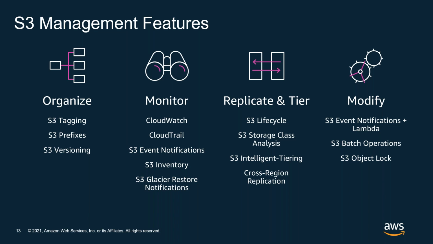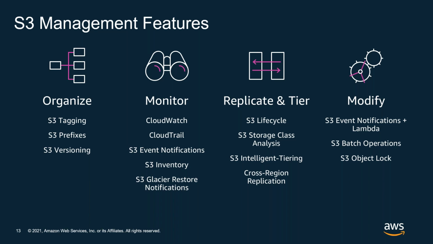Once you start getting into the millions, tens of millions of objects, that's where tagging really helps, as well as things like S3 prefixes. We're not going to get too much into S3 performance here, but that's where having a defined prefix strategy is very helpful.